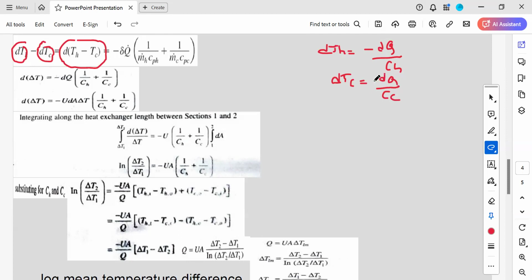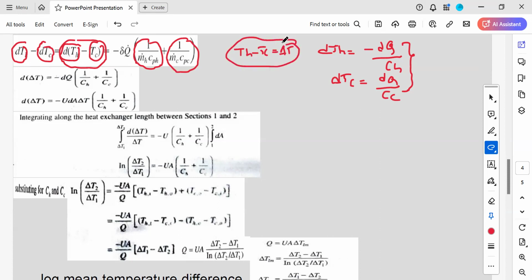So TH minus TC is called delta T at that distance for the element dA.